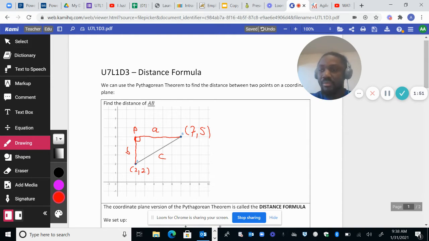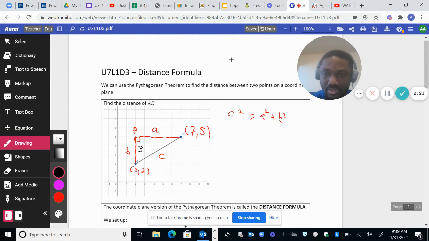First of all, we know the hypotenuse rule. We want to find AB. We know that C, which is AB, C squared equals the sum of the squares of the two legs. B is 3 in terms of distance.